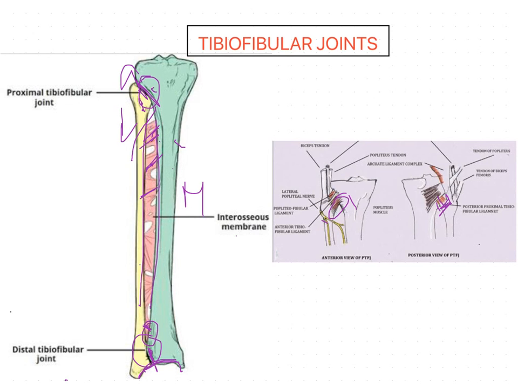The anterior tibiofibular ligament connects the anterior margins of the rough areas of the articular parts of the two bones, directed downwards and laterally. The posterior tibiofibular ligament connects the posterior margins of the rough areas of the articular parts of the two bones, and it is also directed downwards and laterally.